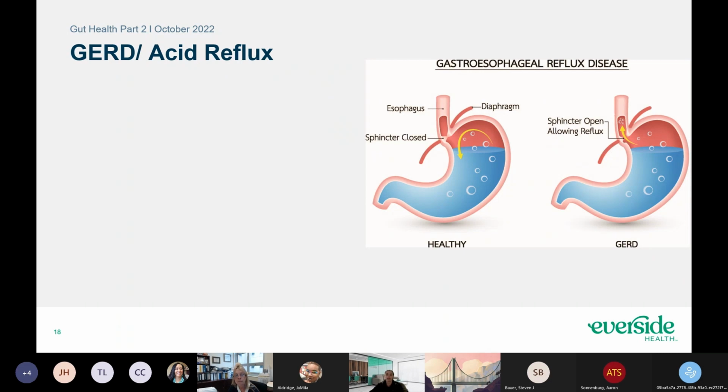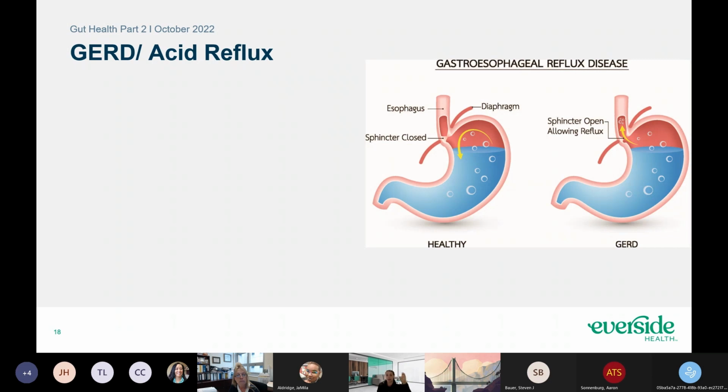If you look at the stomach, you have this tight ring of muscles like we talked about earlier. And normally you have atmospheric pressure that's greater in the esophagus than the stomach. So a little physics here. If you remember thinking back to high school, pressure goes from higher to lower concentration. So if it's higher up here, it's going to go down here. If it's higher down here, it's going to go up.